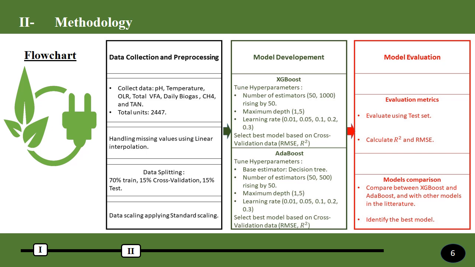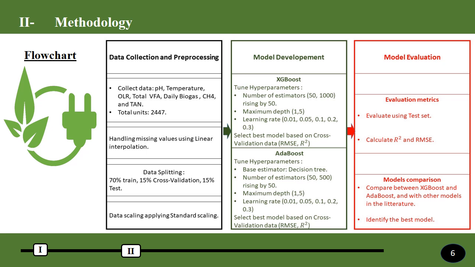And for the maximum depth and the learning rate, we considered the same intervals for the two models. In each step, a model was created, and the root mean square error and R squared as accuracy were calculated based on the cross-validation dataset. After that, we selected the appropriate model based on these metrics.